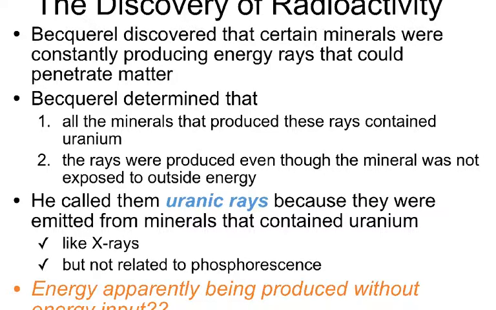So it wasn't like it was absorbing energy and then releasing energy like we talked about with light and electrons. He originally called them uranic rays because they're from uranium.